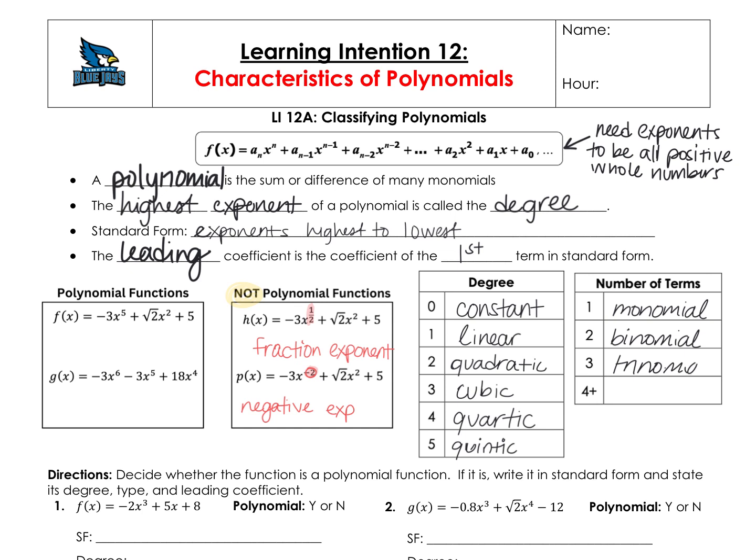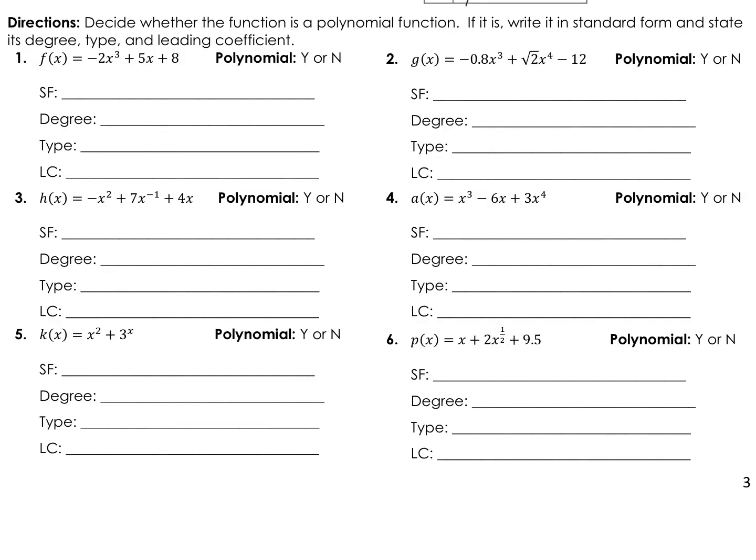And then anything with 4 or more terms, we call just poly, which means many. So when we're talking about a polynomial in general, we're talking about something that has many terms. Like polytheism, you have many gods. Polygamy, you have many spouses. Okay, so poly means many.